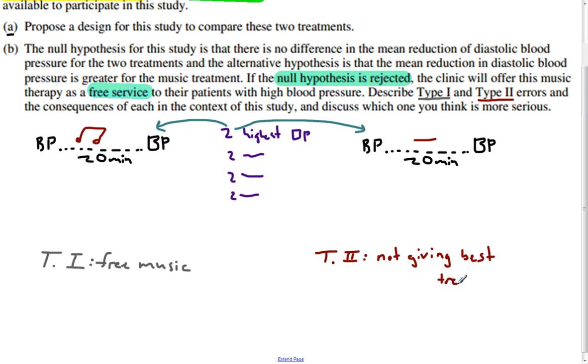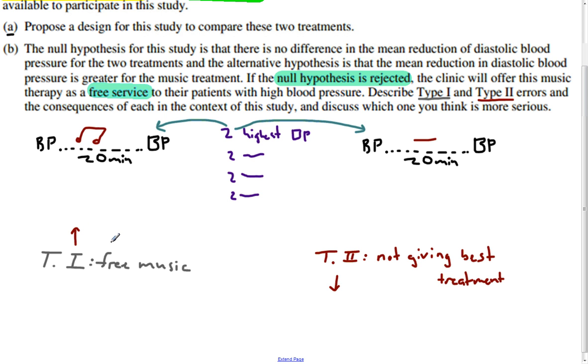It seems like in this situation we would be much more willing to take a type 1 error if we can minimize the risk of a type 2 error. Unless, of course, the silence treatment is truly better, that would be a different situation. But in the standard case where we're not sure and we just don't have enough evidence to conclude that the free music therapy is better, we would want to minimize the chance of a type 2 error, and we would be willing to have a higher chance of a type 1 error.